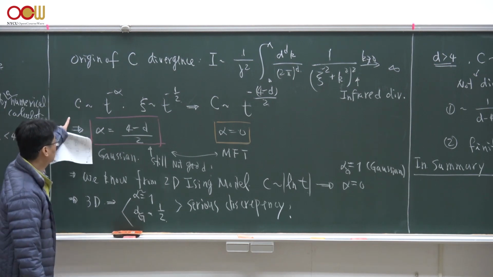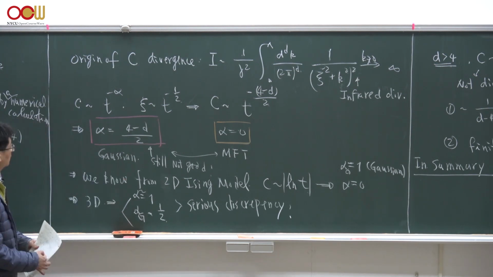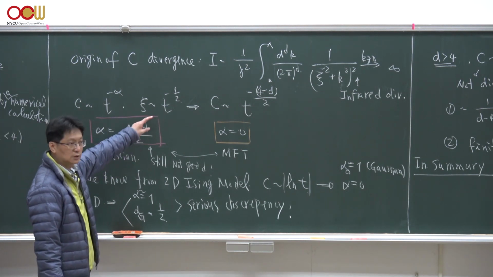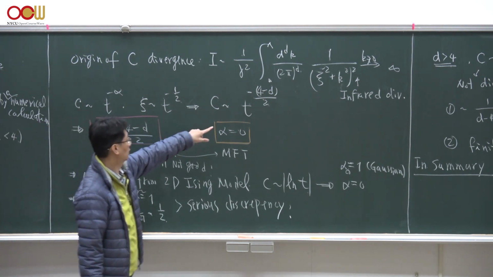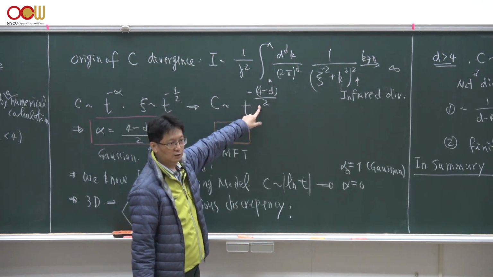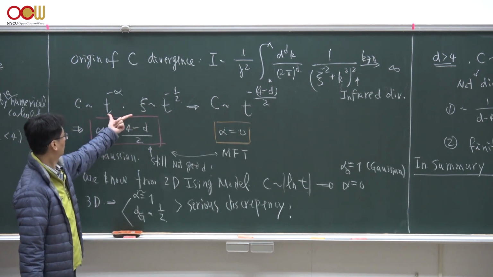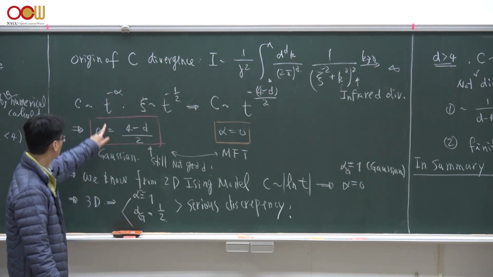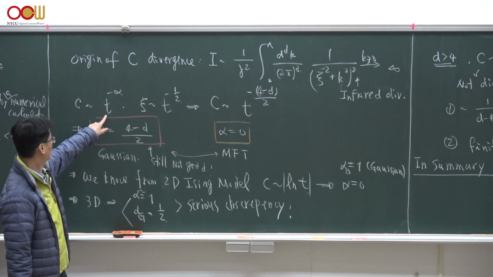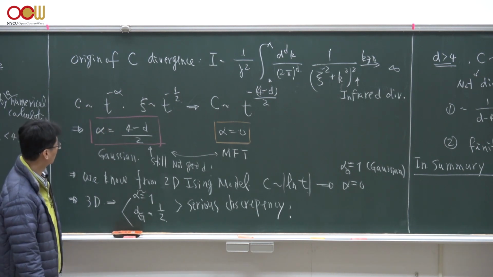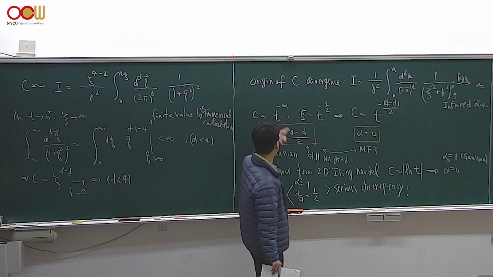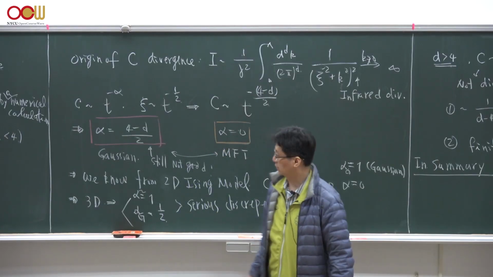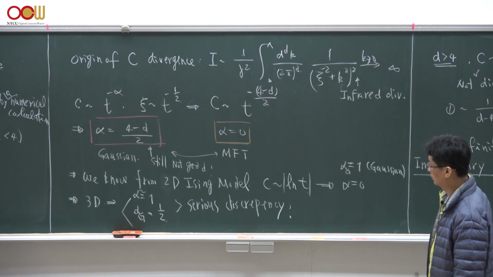And so we could easily find out what this divergent exponent of this power law divergence in specific heat as a function of little t is, and this power can be obtained easily from these two expressions. The correlation length diverges as t to the minus 1/2, but this C is actually proportional to t to the minus alpha, and we know that this is given by 4 minus d as the exponent of the powers of the correlation length.